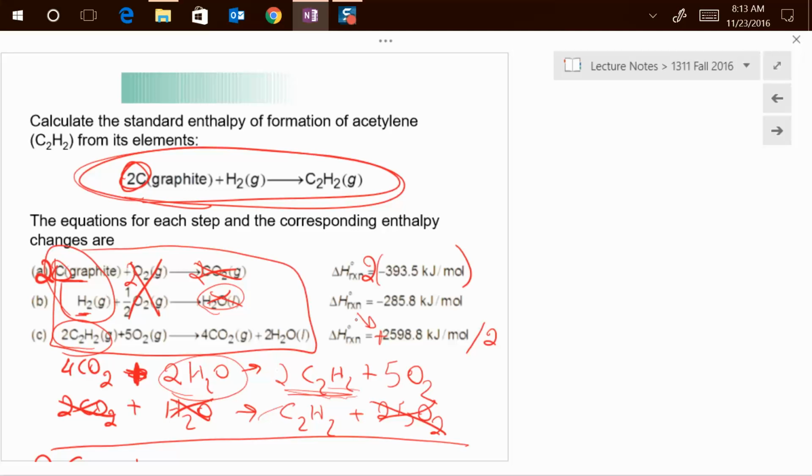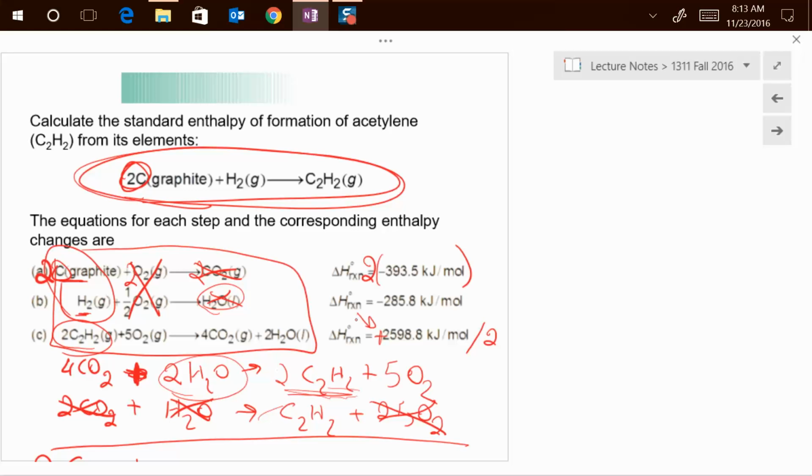So whatever we do to the reaction here, we have to do to the delta H's over here. If we switch the reaction, we have to switch the sign of the delta H. If we double the balance, then we have to double the energy. So those are the kinds of things that we're doing.